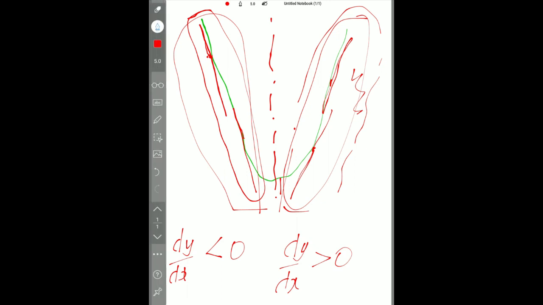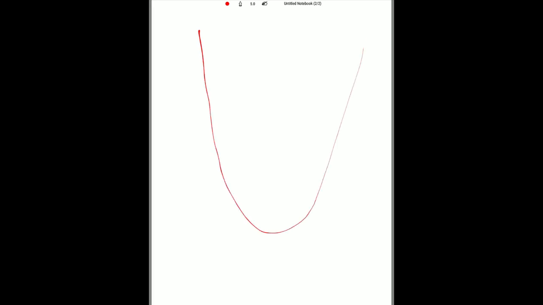Now, let's look at this little thing right here. We have the same curve, right? And now we're not going to be looking at the tangent that has a negative gradient, or the tangent that has a positive gradient. We're going to be looking at the tangent right here. Forgive me, let me draw it properly.